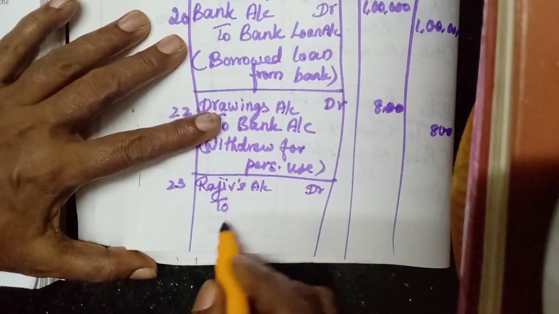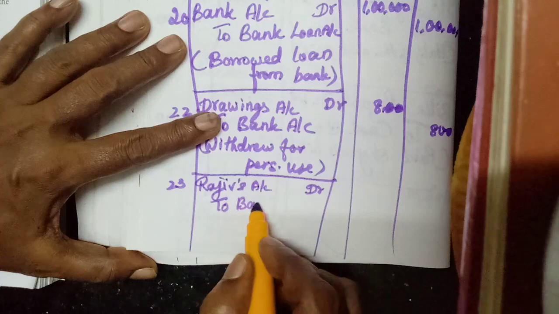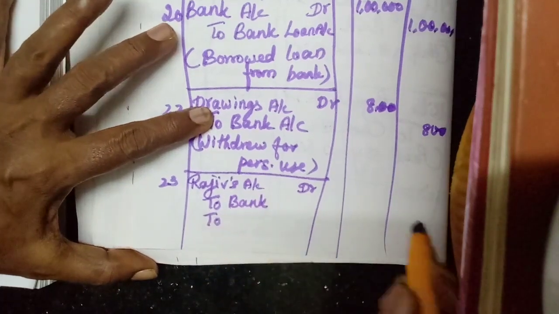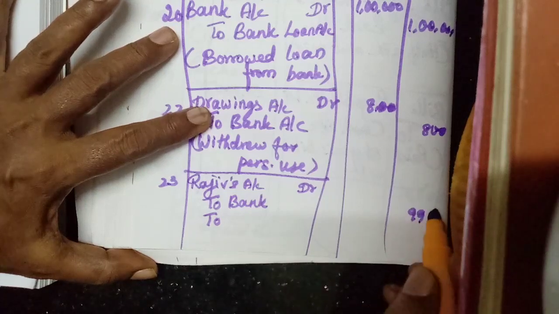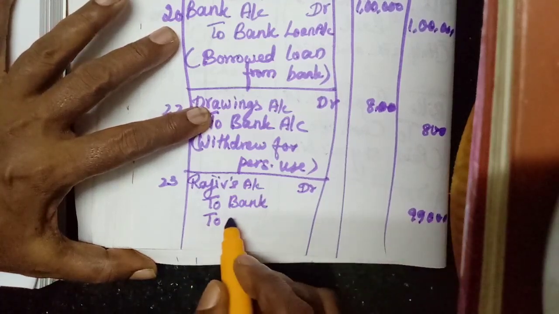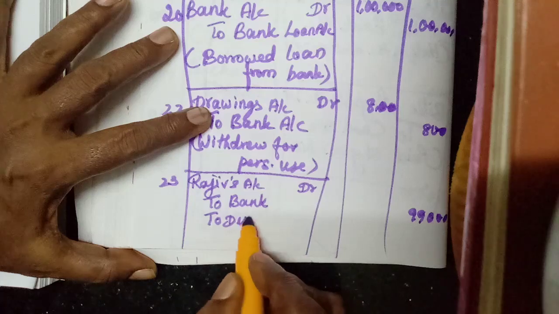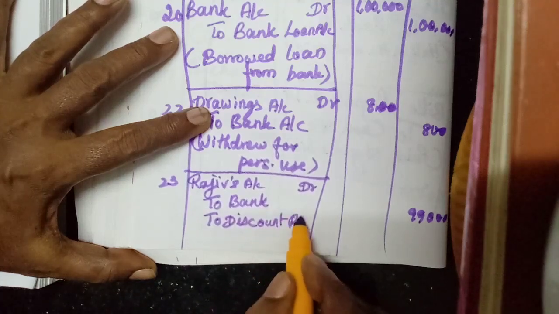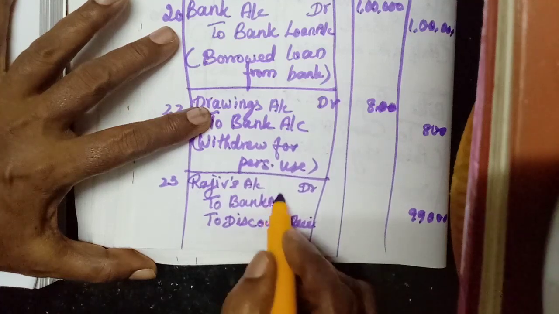Through NEFT we are paying. So who will pay that one? Bank. Okay, bank is paying 99,000. So the remaining 1,000 is discount received account we should write.